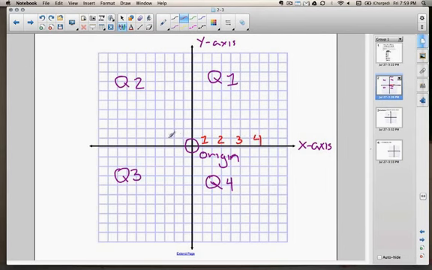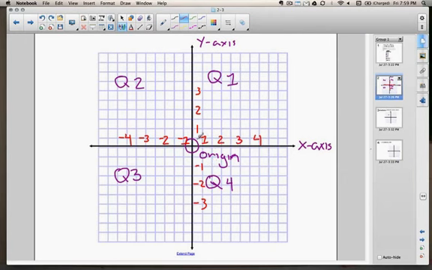And over here, this would be negative 1, negative 2, negative 3, and negative 4. We can have the same thing happening on the y-axis. This would be positive 1, 2, 3, going up, and when we go down, that's negative. So this would be negative 1, negative 2, negative 3, and so on.